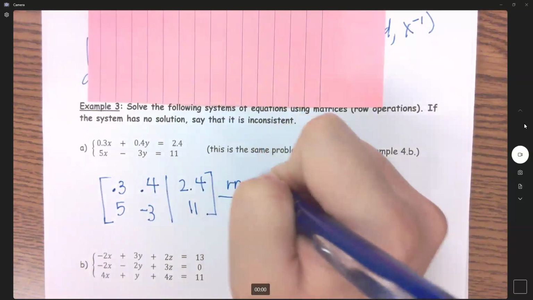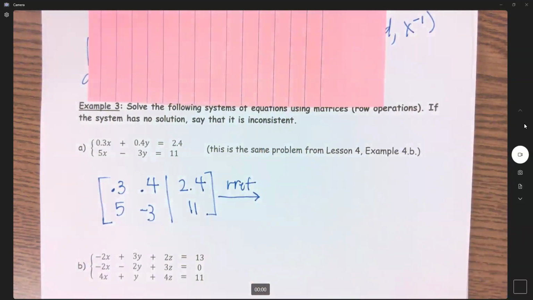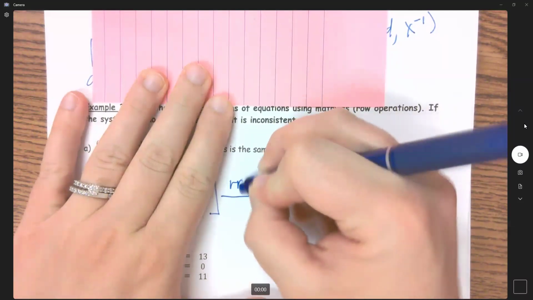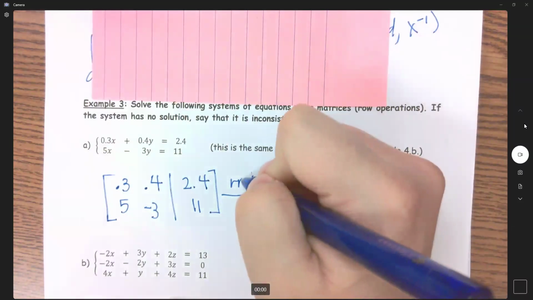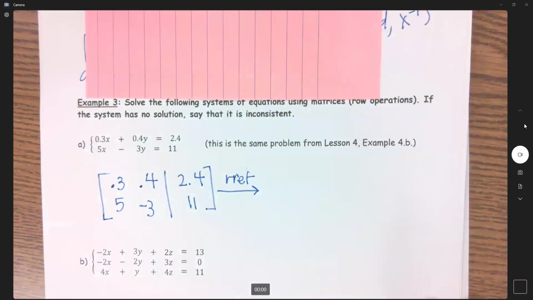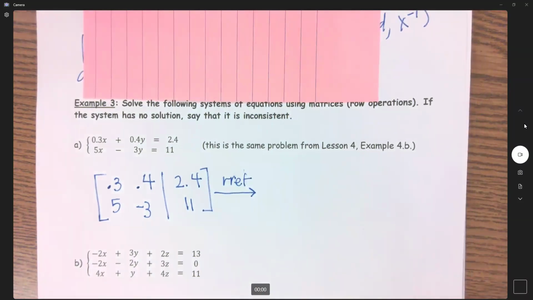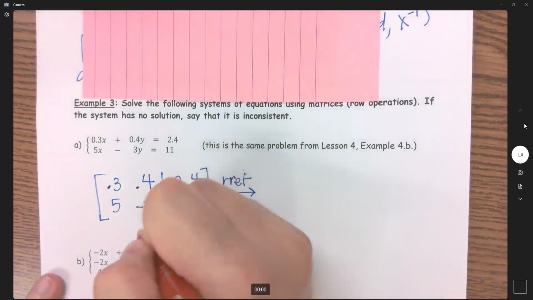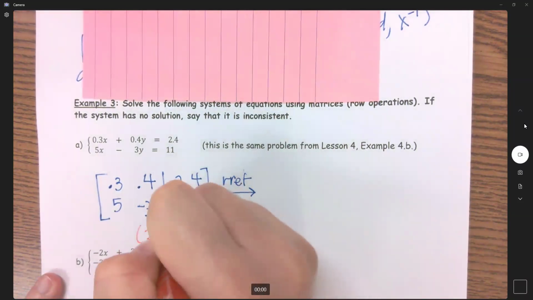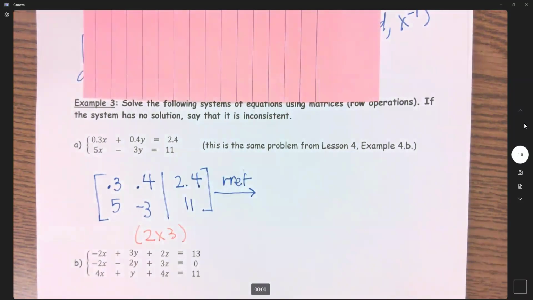So now I need to put this in my calculator to get my row reduced echelon form. So follow along with me, please. And this is, for the record, a 2x3 matrix. We'll need that when we're putting this in.